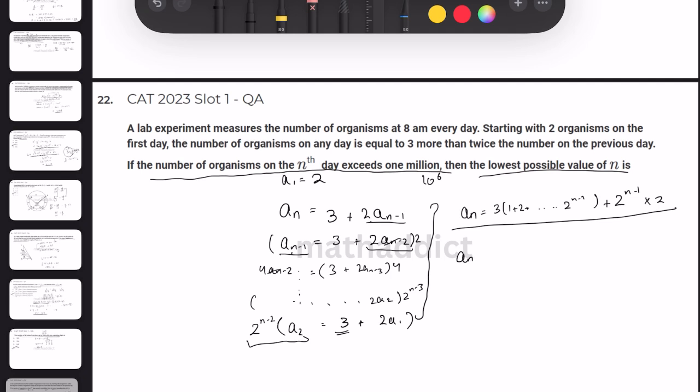So a_n is equal to 3 into the first terms, up to n minus 2, and so this is 2 to the n minus 1 minus 1. The sum of the first p powers of 2 is 2 to the power p plus 1 minus 1.